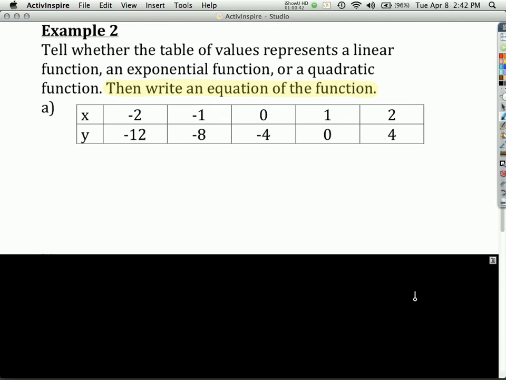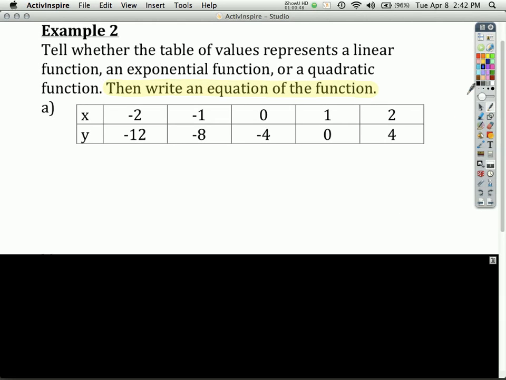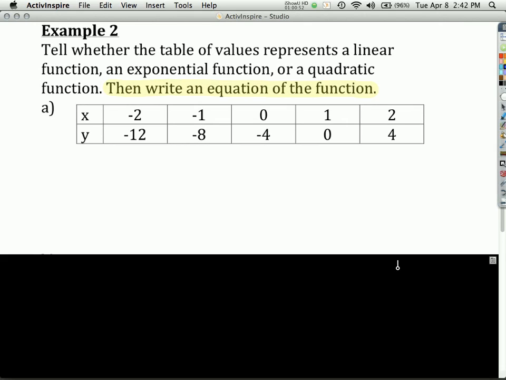First, we have to determine what type of function it is. So, anyone have an idea of what type of function this one is? I got 1, 2, 3, 4, 5, 6, 7, 8 people think they know already. Nathaniel? You think it's linear? How do you know? Because from -12 to -8, to -4, it goes up continuously.